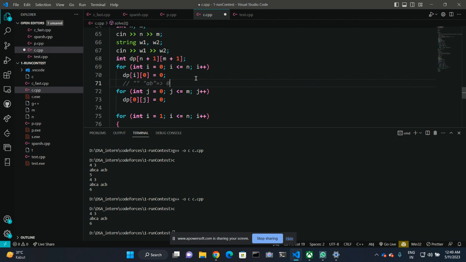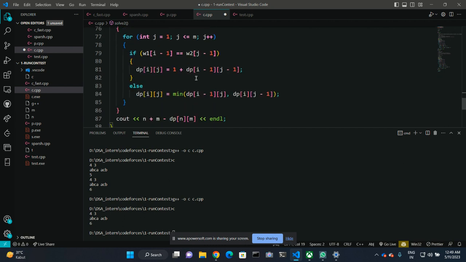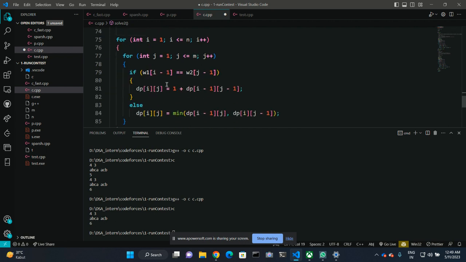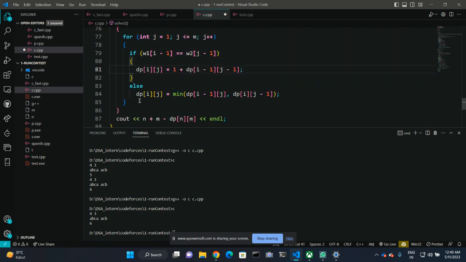Same: if W1 I minus 1 equals W2 J minus 1, then dp of I, J, the longest common subsequence, will be 1 plus dp of I minus 1, J minus 1. Else dp of I, J equals minimum of dp of I minus 1, J and dp of I, J minus 1. Why? It should be correct.